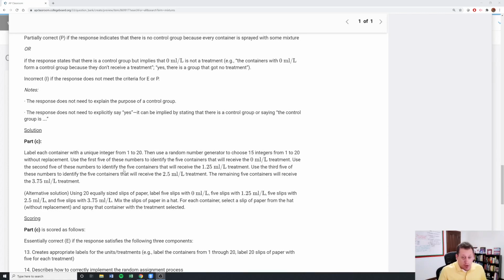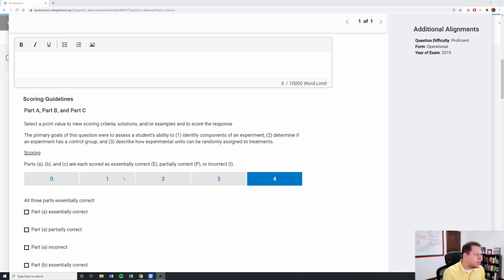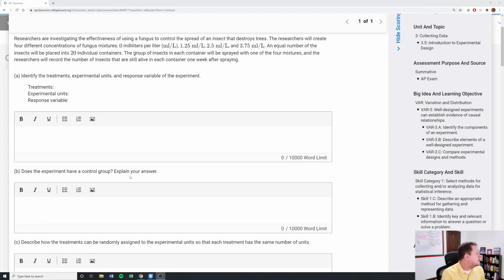If you have any questions over any of the pieces of this problem or design of experiments in general, if you're in class with me, make sure you ask me those questions. I want to make sure that you've got all that down before you take your unit test and before you take the AP test, really. And especially since we've started this year off, you weren't able to ask me questions in person.